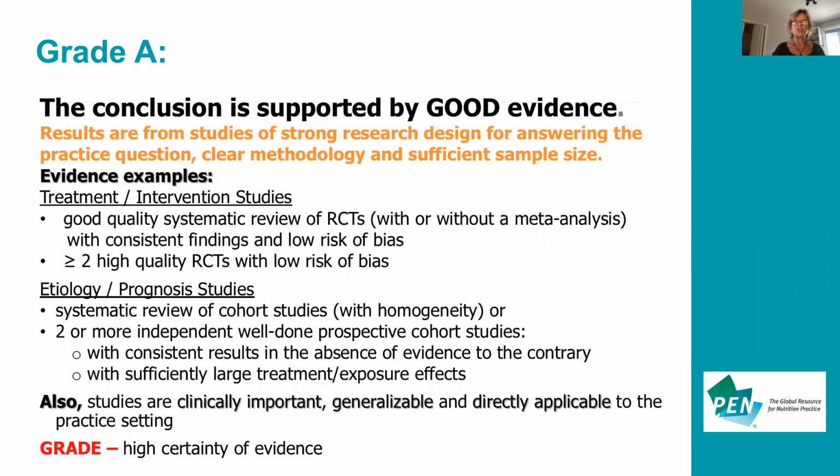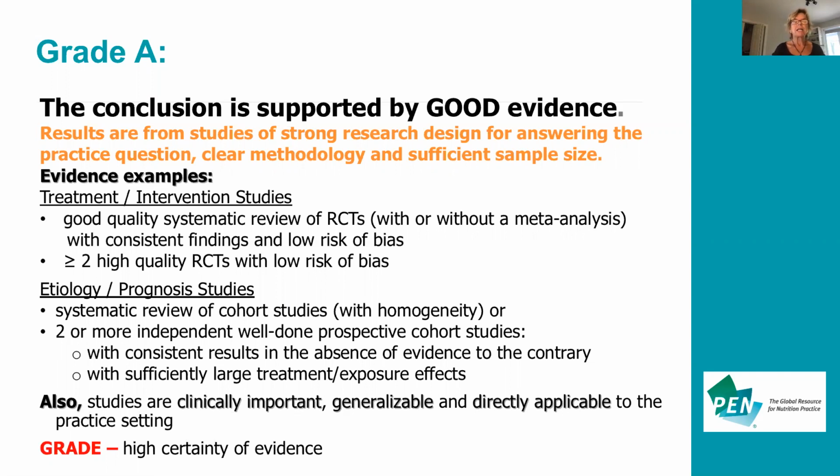If it was more a question about etiology or prognosis, what is the contributing factor of, for example, breastfeeding on infant and maternal health? If it was a systematic review of cohort studies that were very similar, there was homogeneity amongst the studies, or these well done prospective cohort studies with consistent results and large treatment and exposure effects.